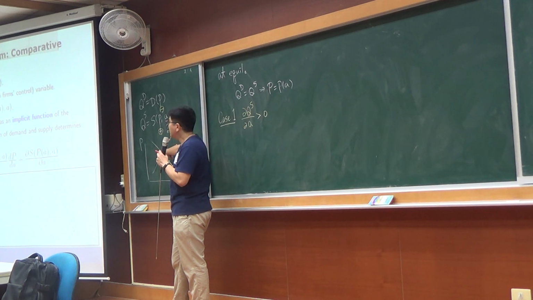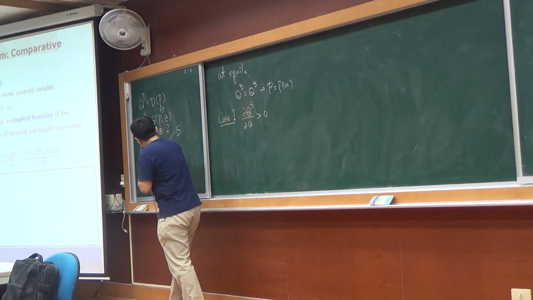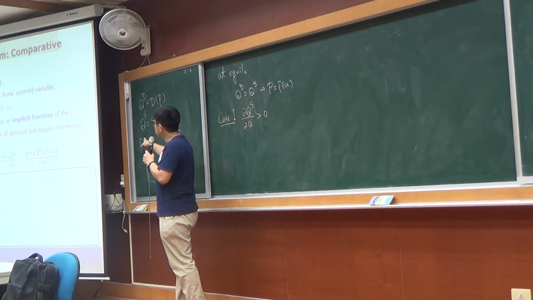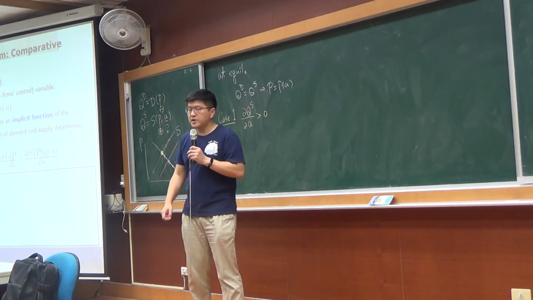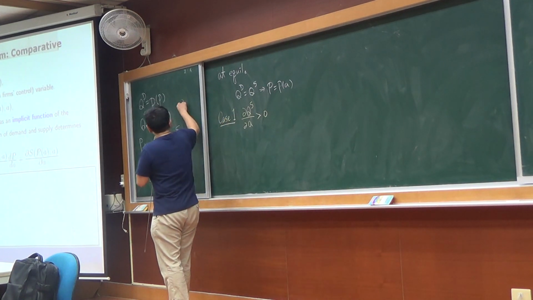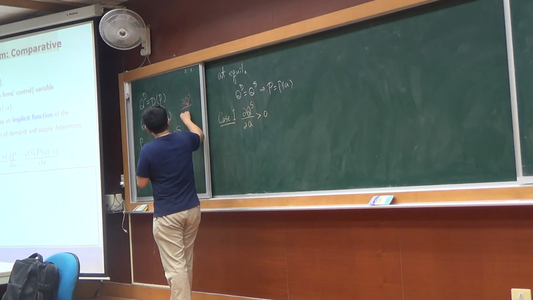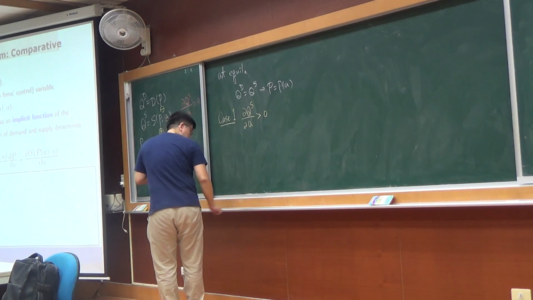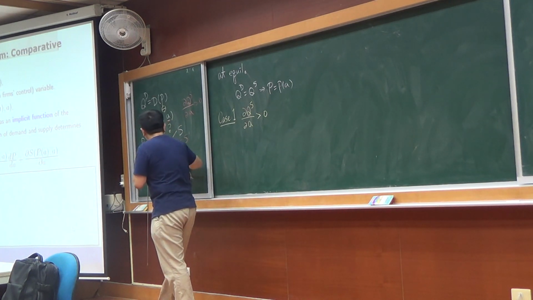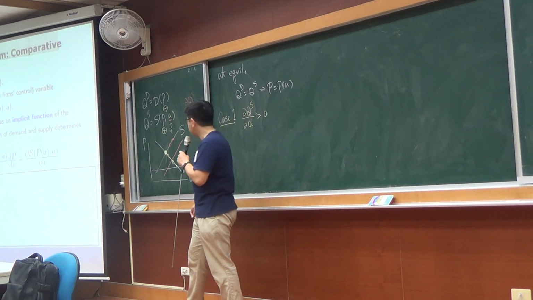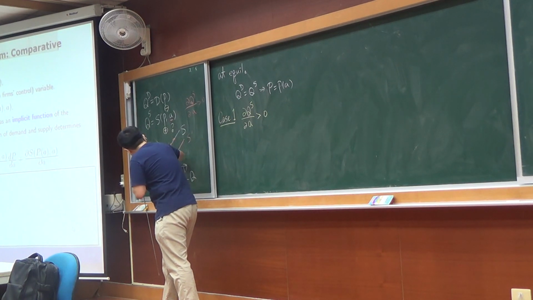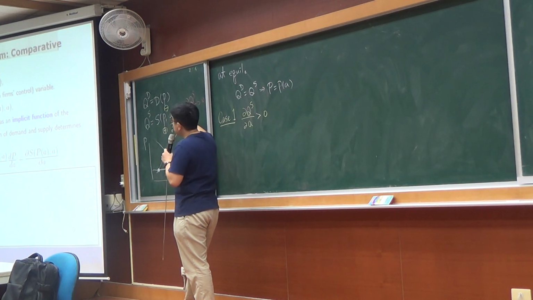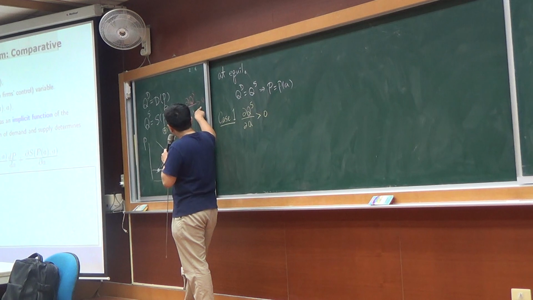Okay? And the reason why it shifts to the right is because when A changes without any change in P, which means partial QS over partial A is positive. So let the price remain the same, and the quantity will move to the right, right? Because the quantity supplied affected by A is positive.